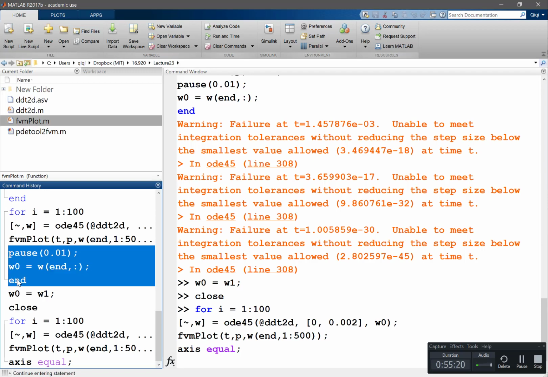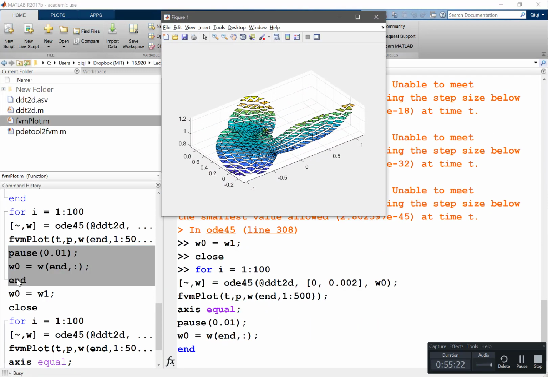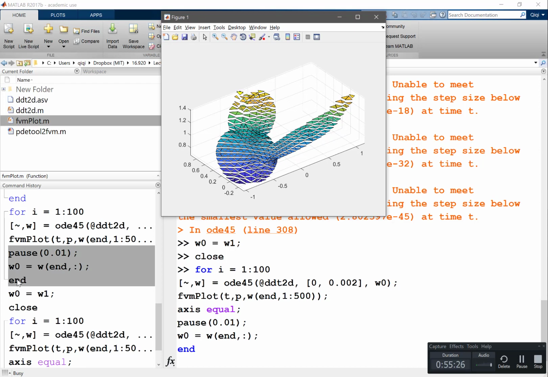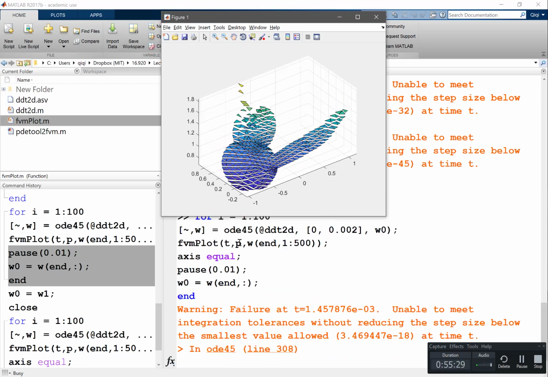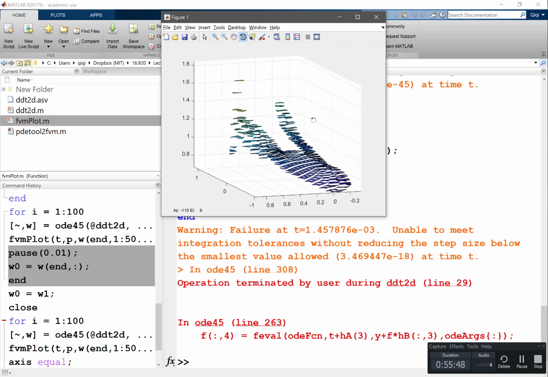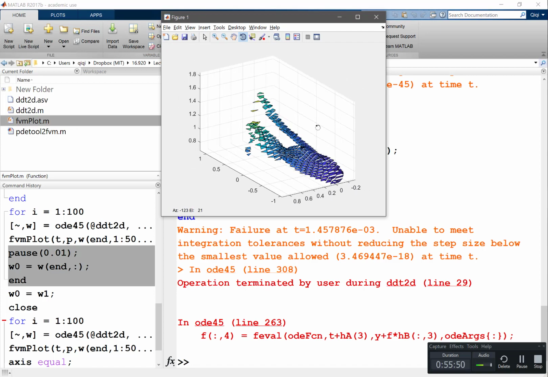And I'll be doing this. Okay. Yeah, looks like the water is bumping into the wall, and when it reflects back, the solution over here starts to diverge. Right, okay.